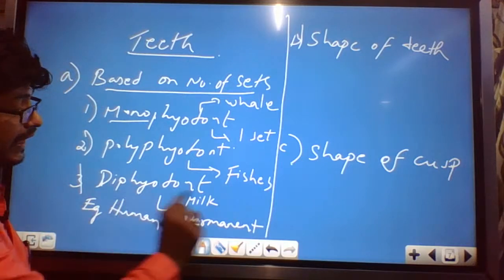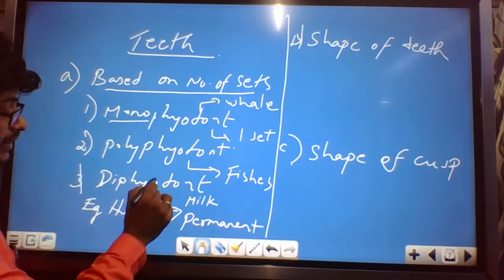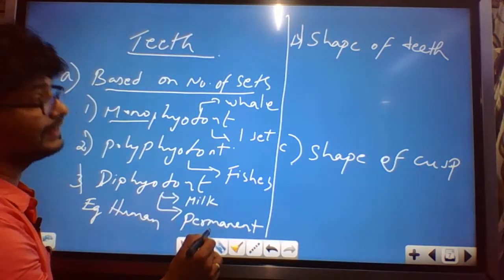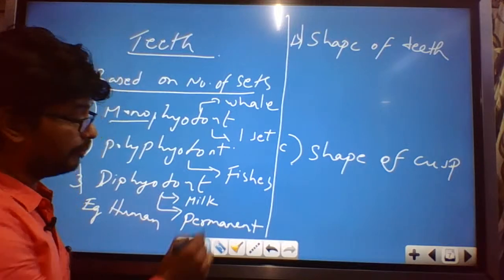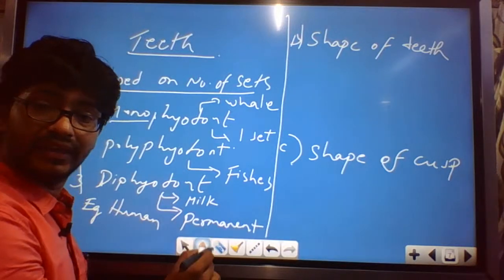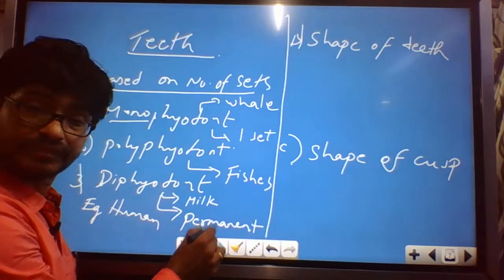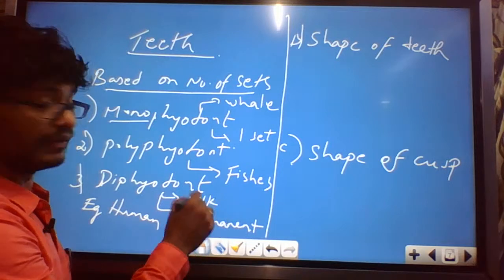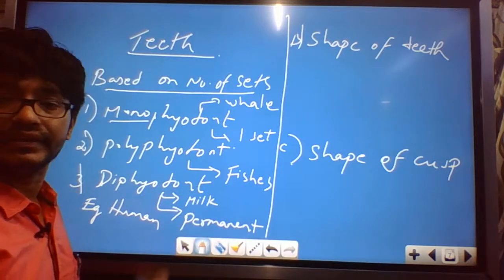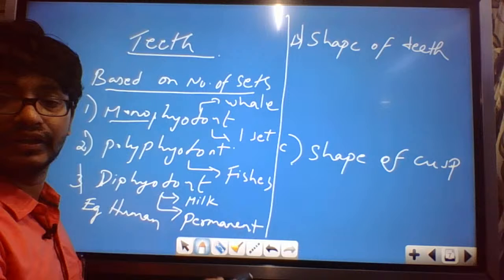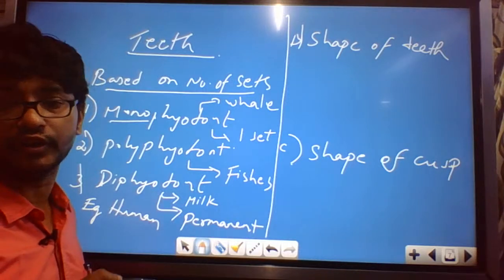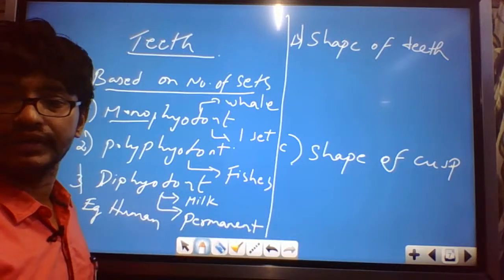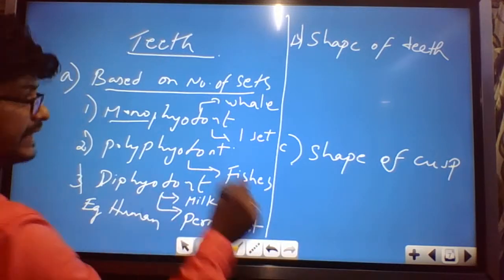For example, diphyodont, human beings come under diphyodont. அப்போ diphyodont வந்து I discussed both the milk teeth as well as the permanent teeth. அப்போ milk teethல வளராத பல்லு which comes only during the permanent teeth. அப்போ monophyodont அப்படின்னு கேட்டீங்கன்னா dental formula போட்டு we can make the calculation, how many teeth are monophyodont in human beings. Very shortly நான் உங்களுக்கு சொல்றேன் எப்படின்னு. So once we are done with the dental formula, we'll be discussing about it.